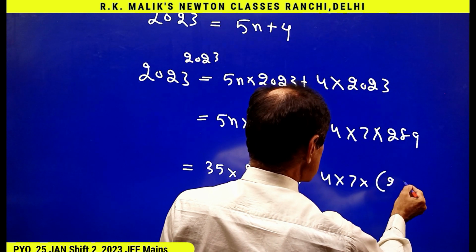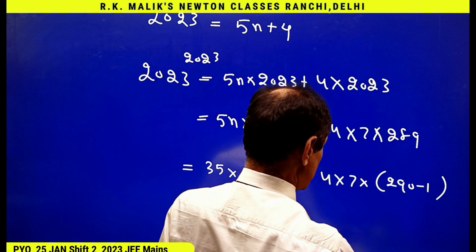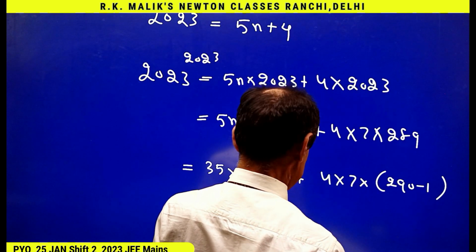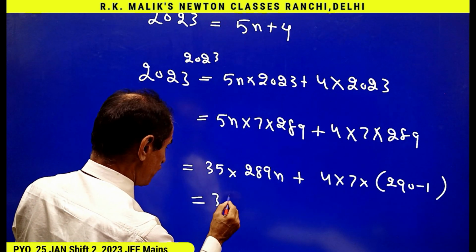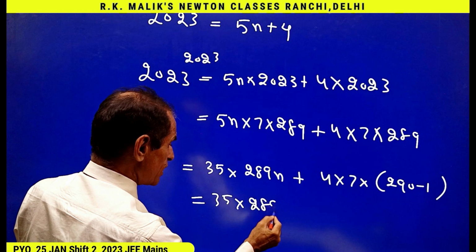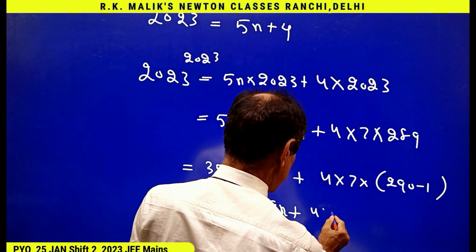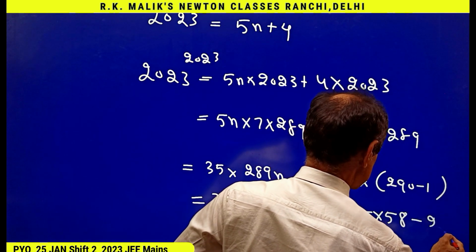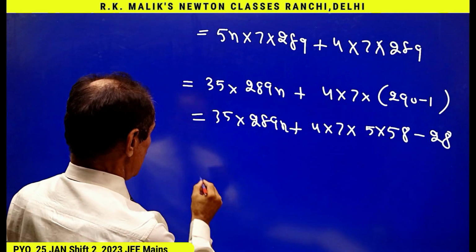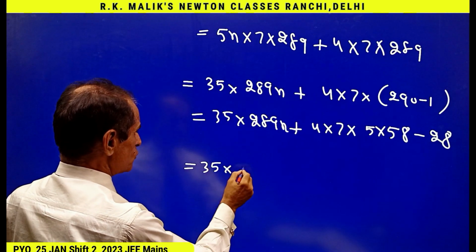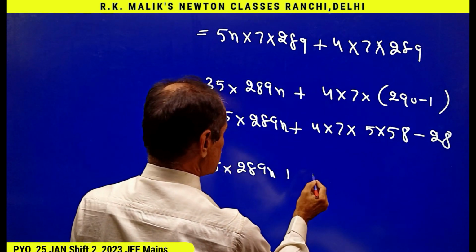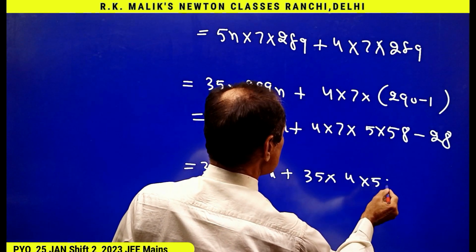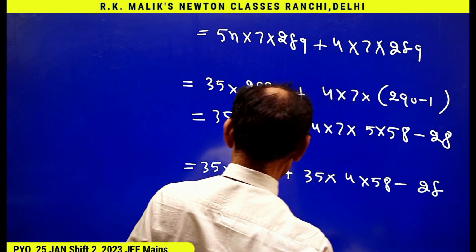I write it as 290 minus 1. By writing in this way, 5 will be there and 7 with 5 will make it 35. 35 into 289n plus 4 into 7 into 5 into 58 minus 28, and this is equal to 35 into 289n plus 35 into 4 into 58 minus 28.